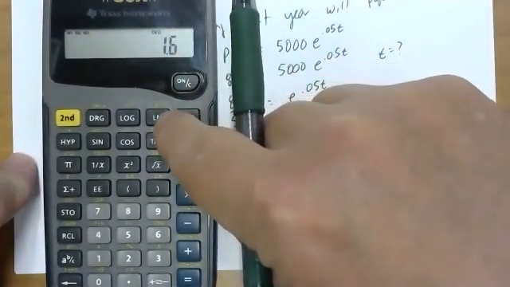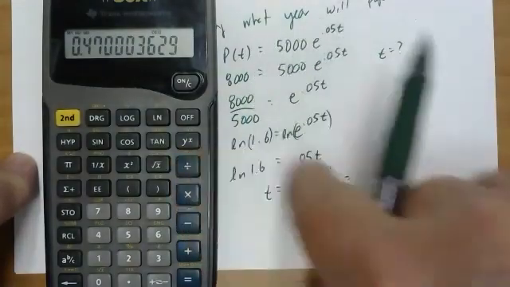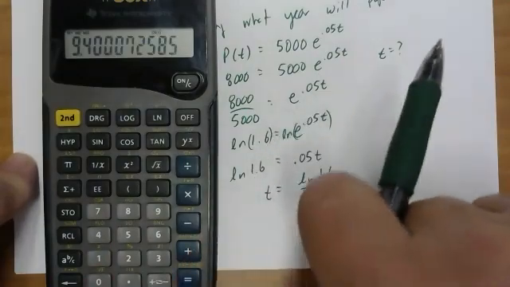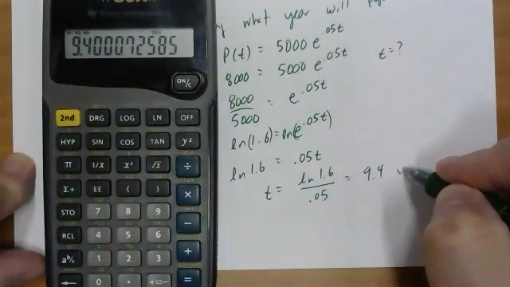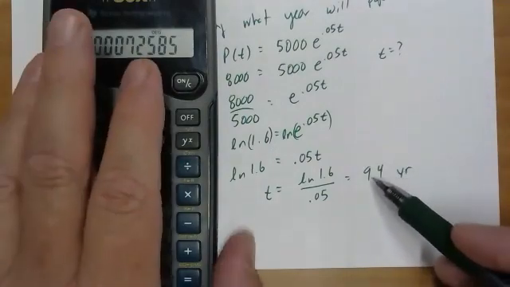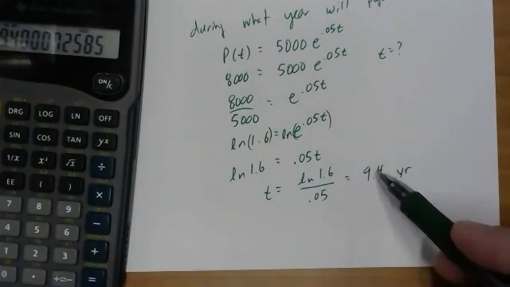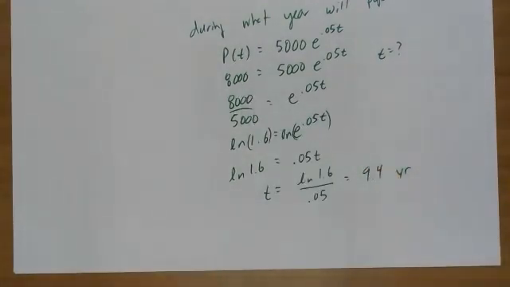So here's my ln key. I hit natural log. Then I'm going to divide by 0.05. And the answer is 9.4 years. So basically, just a little bit after 9 years, that's when the population of this town will hit 8,000.